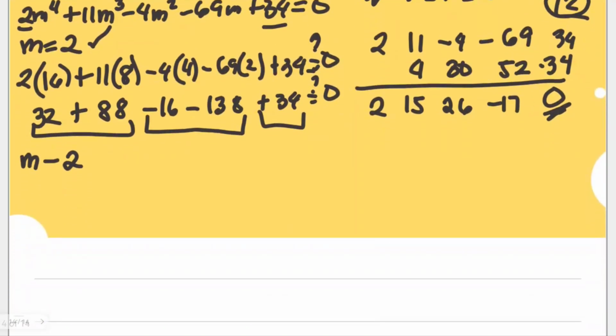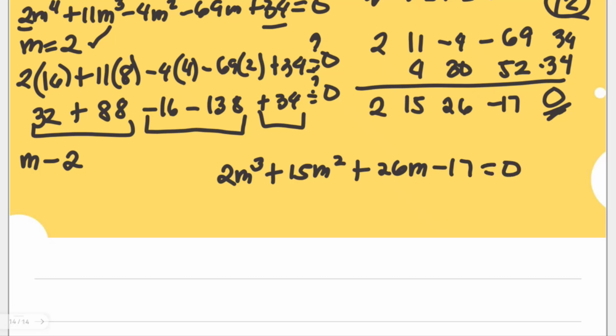To continue, you will have a cubic equation 2m cubed plus 15m squared plus 26m minus 17 is equal to 0. The same thing will happen. We still need to look for possible factors, and so on and so forth.